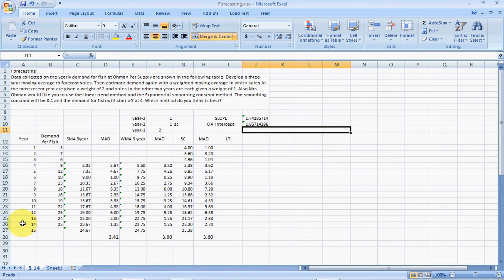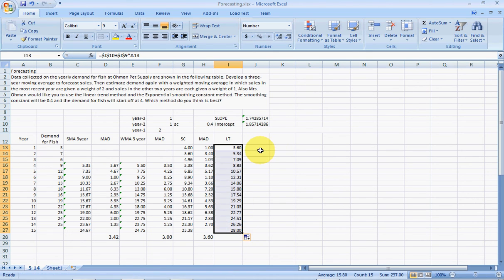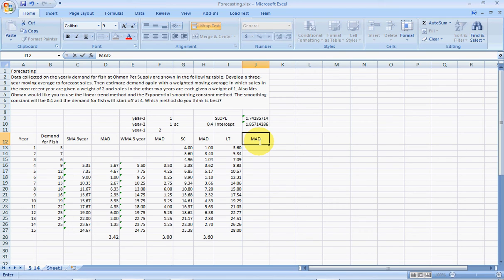So to find linear trend, it's just equals the intercept, lock it, plus the slope, lock it, times what x is. And we're not going to lock x. And then just equals, or enter. And then we can drag that down. And then we'll do MAD for that as well.